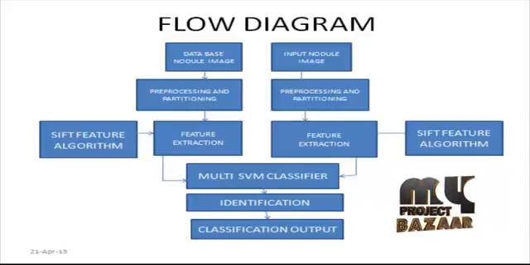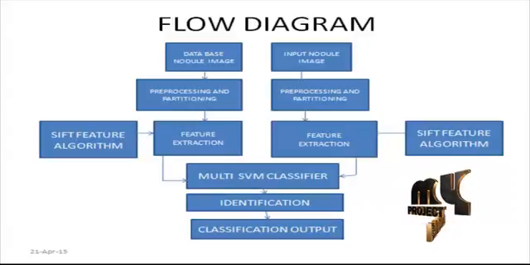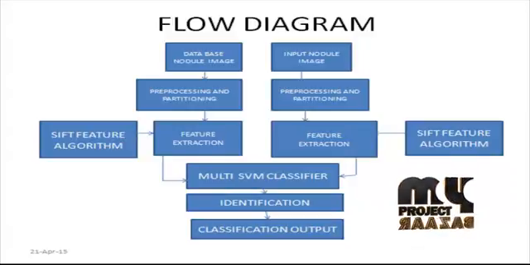For feature extraction, the SIFT feature algorithm is used, and then the query information and the overall database information are processed by the multi-SVM classifier. The multi-SVM classifier classifies the multi-level database information against the selected query information.